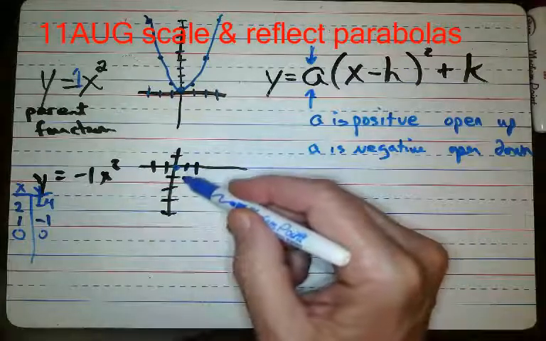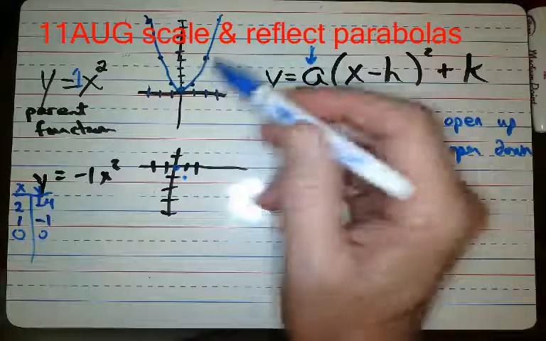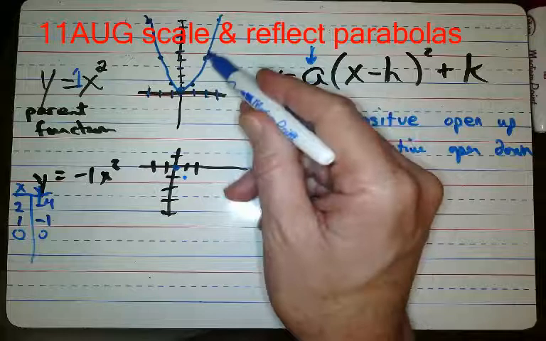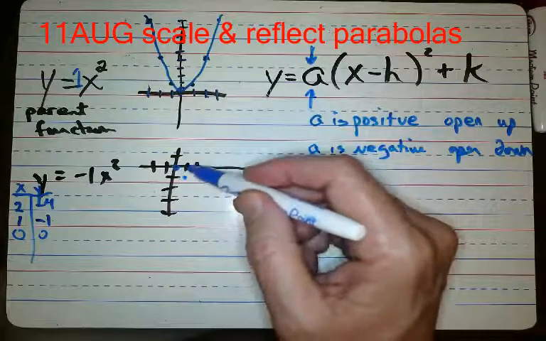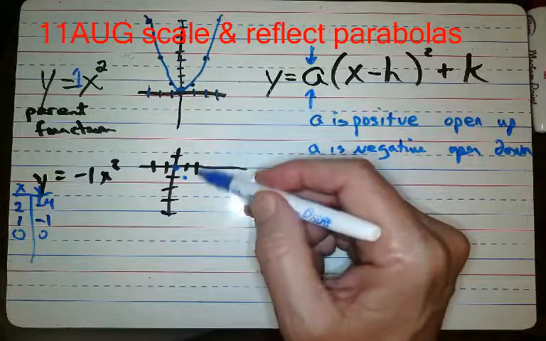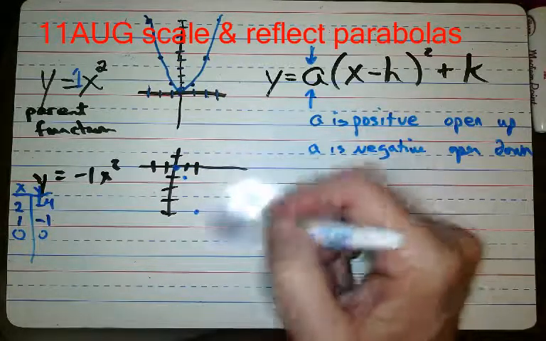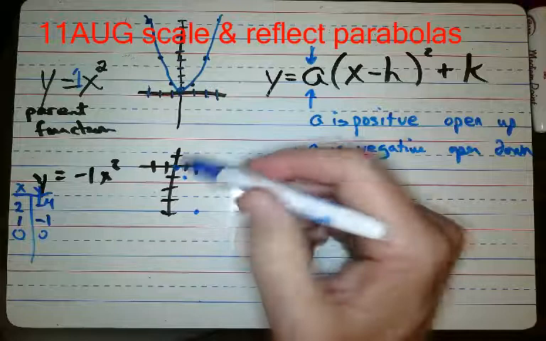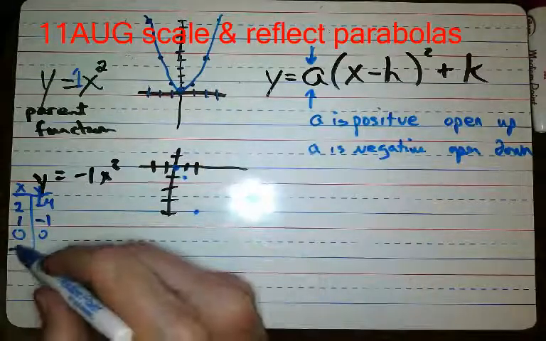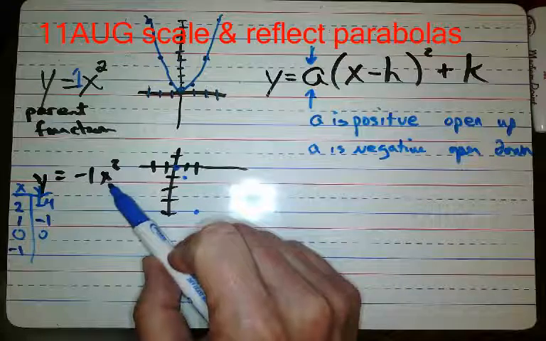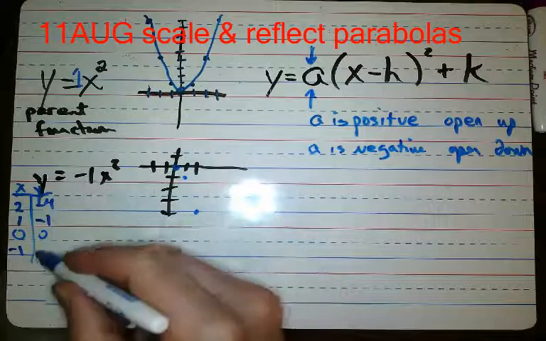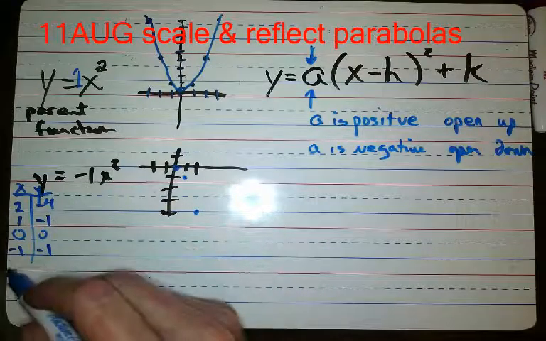See what's happening. Instead of going over 1, up 1, then over 2, up 4, over 3, up 9, we're going over 1, down 1, over 2, down 4, over 3, down 9. The same thing is true on the other side. Negative 1 squared is positive 1, times negative 1 is negative 1.